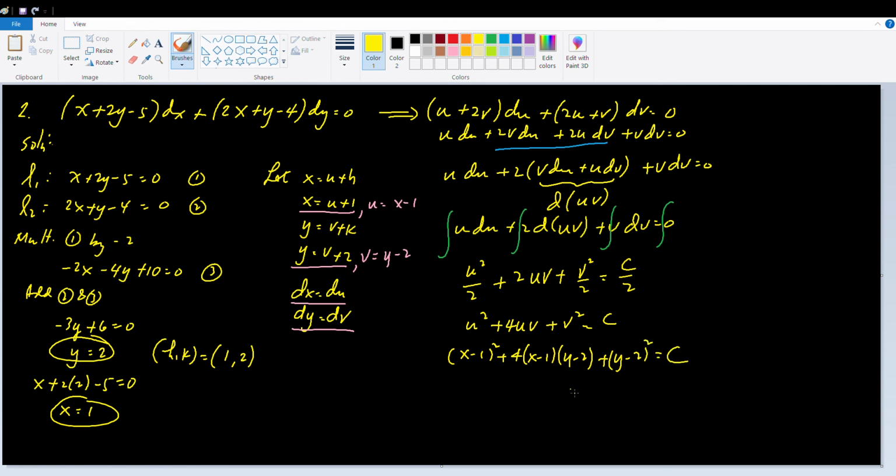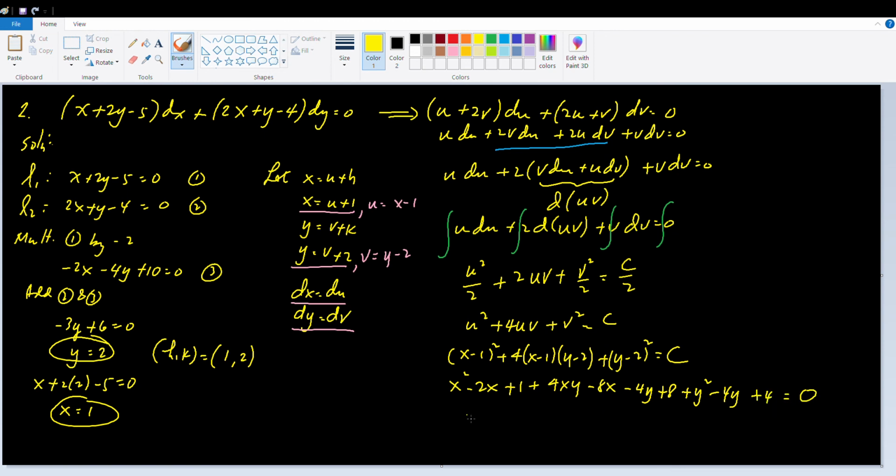Okay? If you want, you can expand: x squared minus 2x plus 1 plus 4xy minus 8x minus 4y plus 8, plus y squared minus 4y plus 4 equal to c.